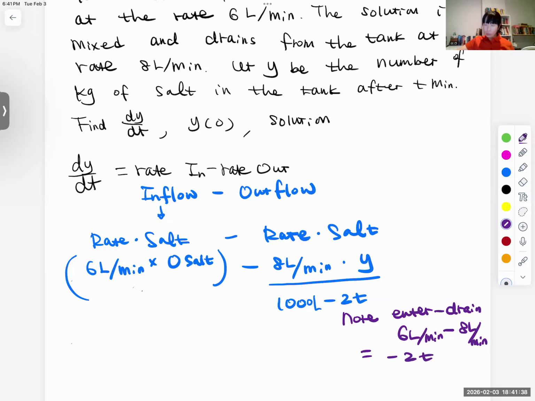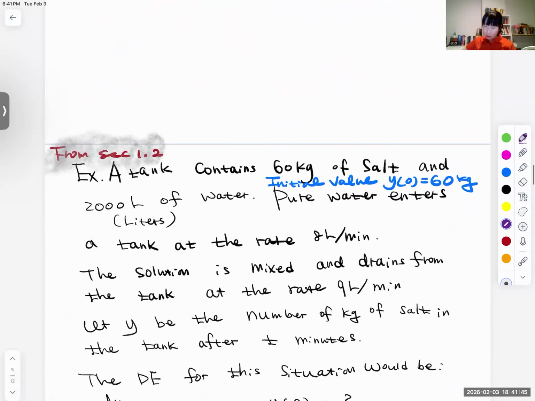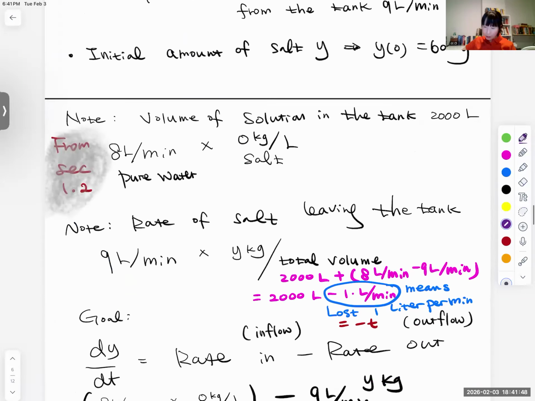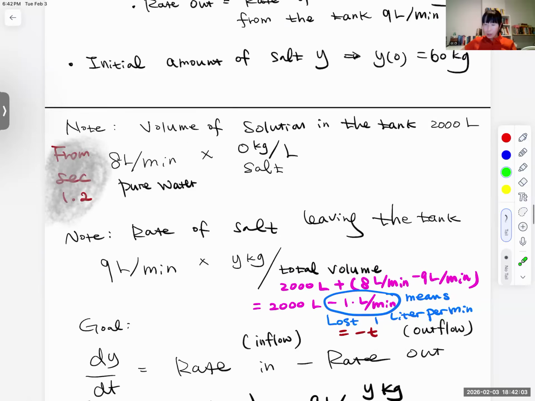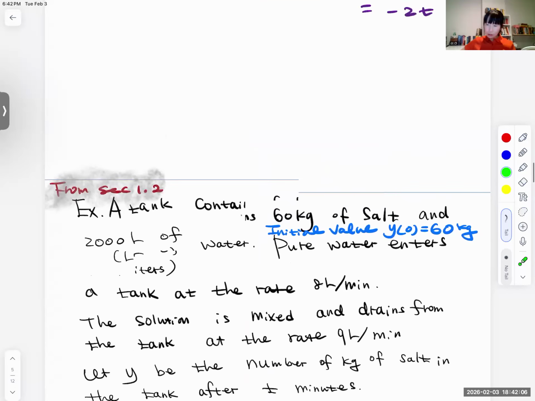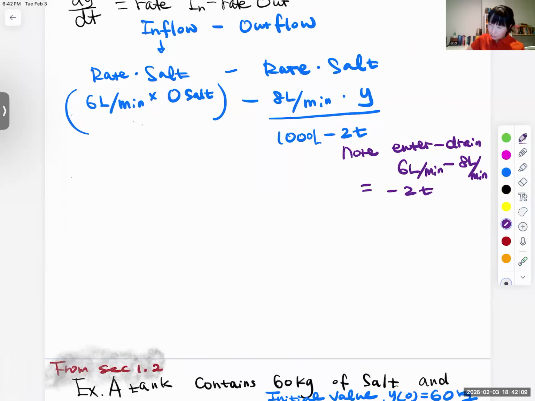It is the same concept as here. That means we lose 2 liters per minute, so we just indicate time t.